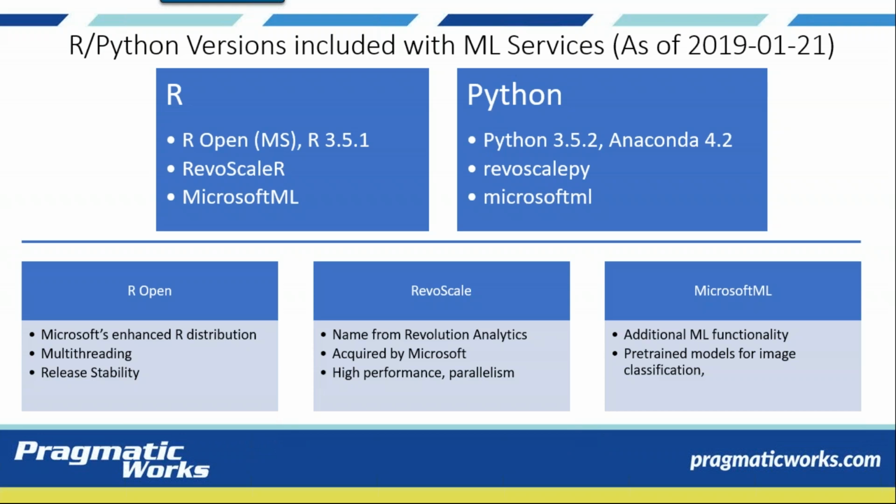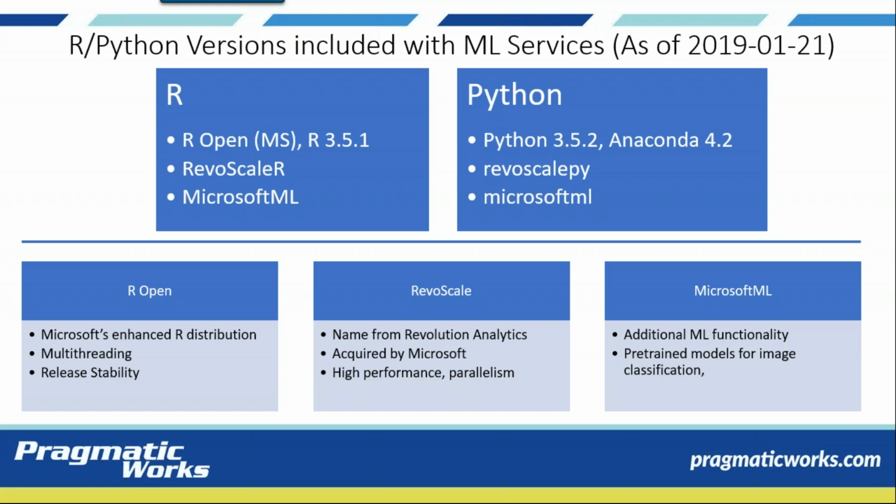Again, R Open is what Microsoft calls their enhanced R distribution. They've added functionality for multi-threading R. R natively is not multi-threaded, but with R Open, you can run it multi-threaded.